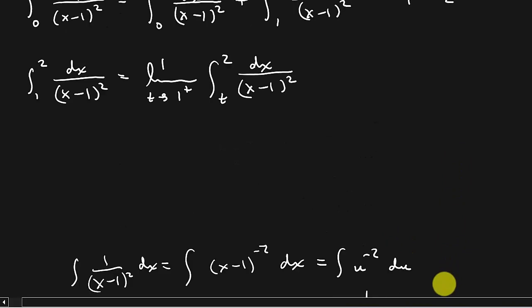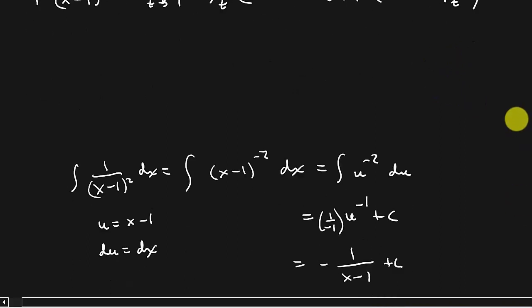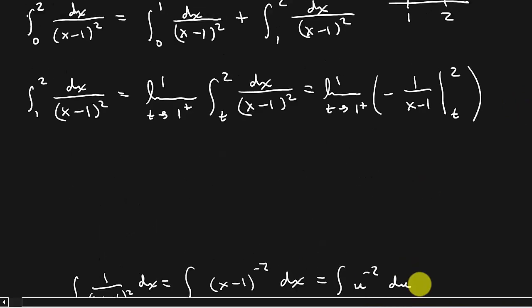All right. So this is equal to the limit as t goes to 1 from the right of negative 1 over x minus 1 from t to 2. All I did is replace that integral with what I got after I integrating it.